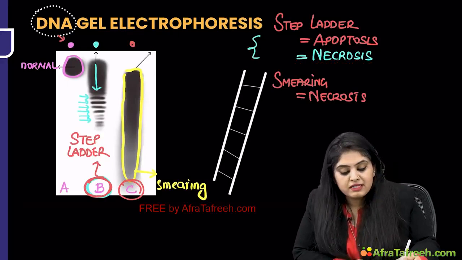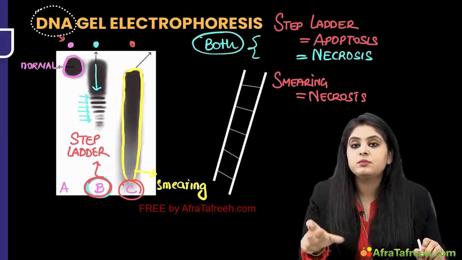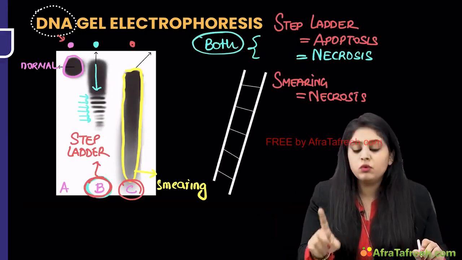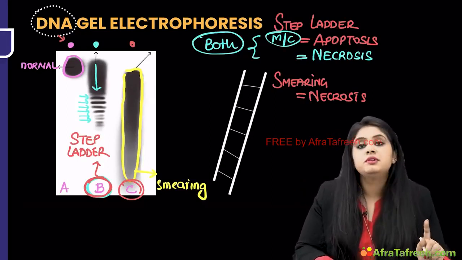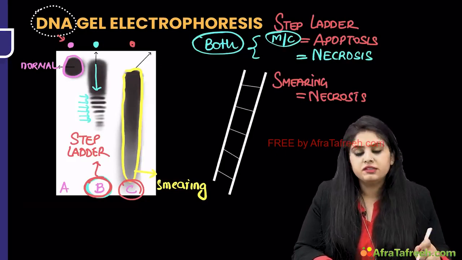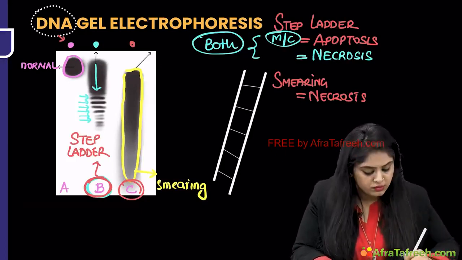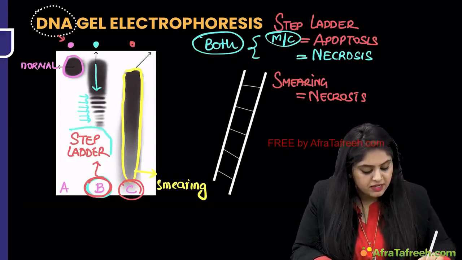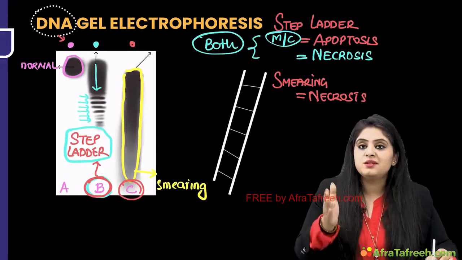Step ladder pattern is seen in both. I'm telling you this again. If they give you a question, step ladder pattern is seen in necrosis or apoptosis or both, remember both. But if they ask which is the best answer, which is the most common, then you will answer apoptosis. And now all of you are going to tell me the reason also. Why does apoptosis show this step ladder pattern? I taught you this way back when we were studying 180 cut, 180 cut.